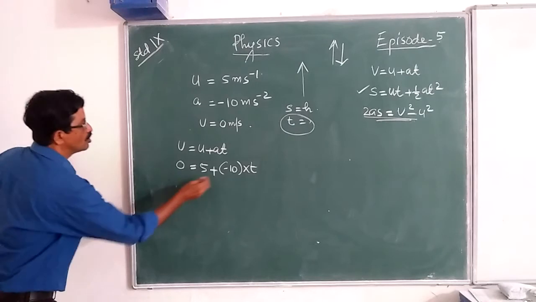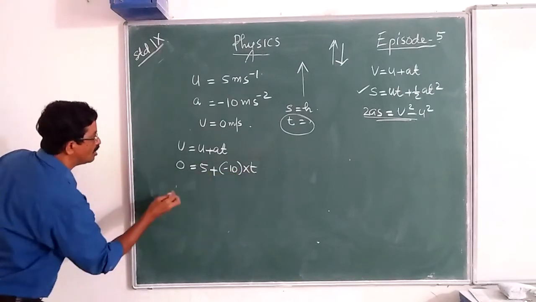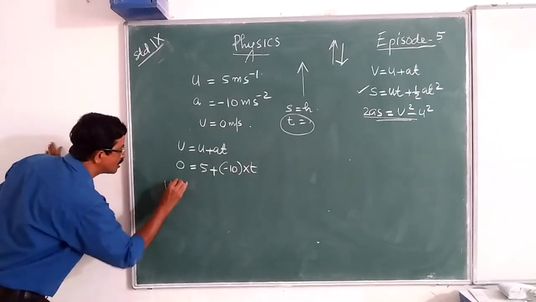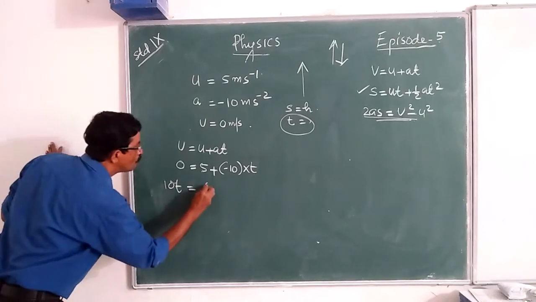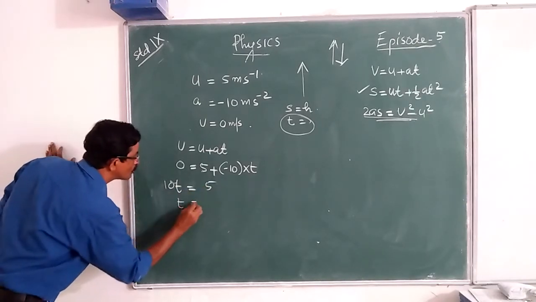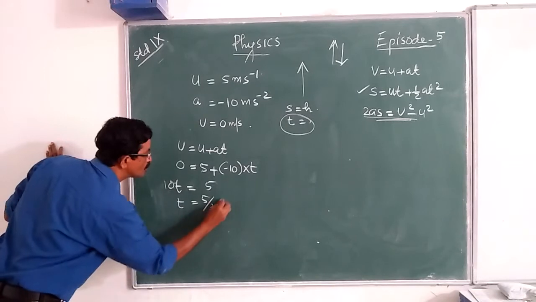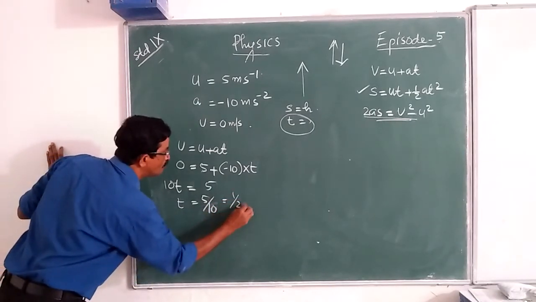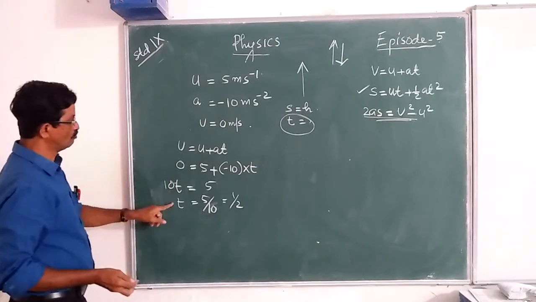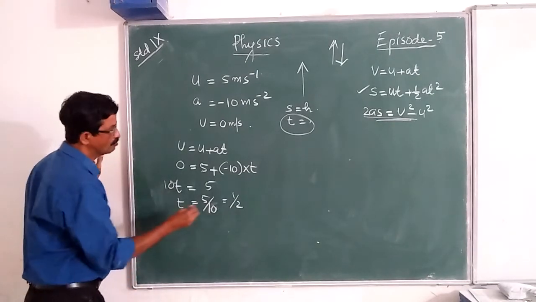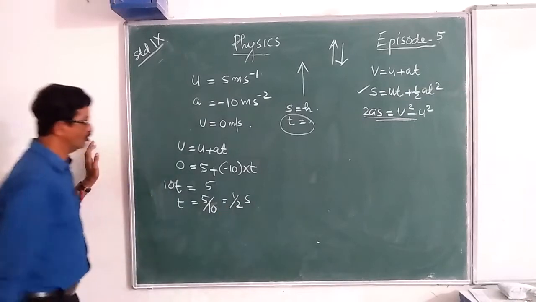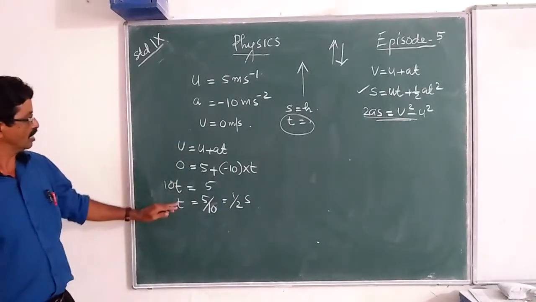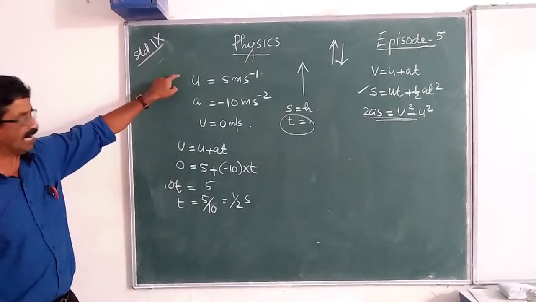From this, minus 10 t we can move to this side, then 10 t is equal to 5, or t is equal to 5 by 10, that is equal to 1 by 2, that is 0.5 seconds. Now we got the time taken to reach the maximum height.